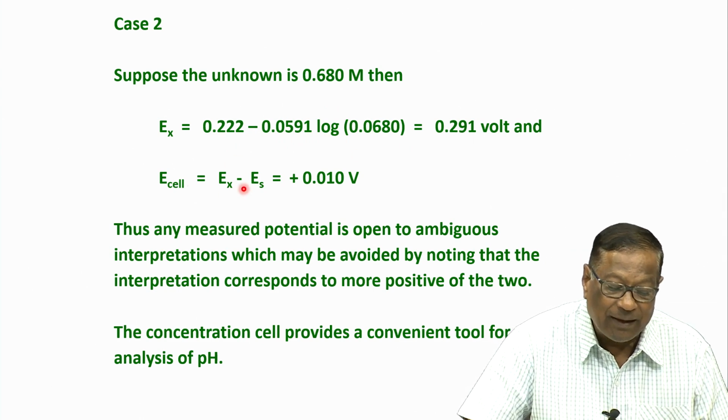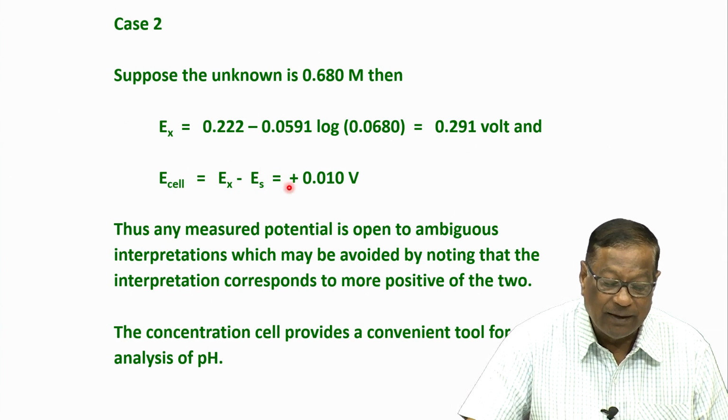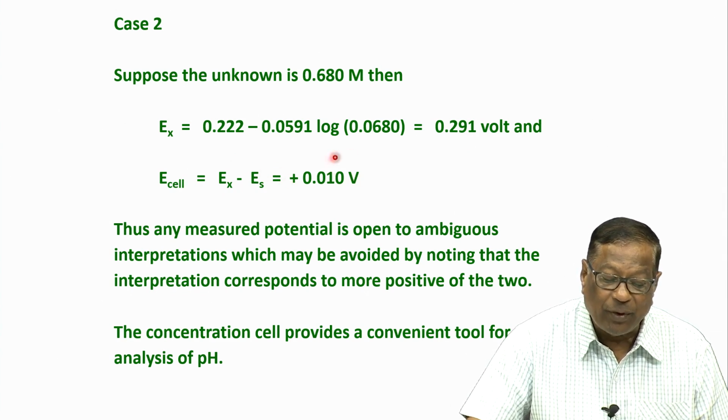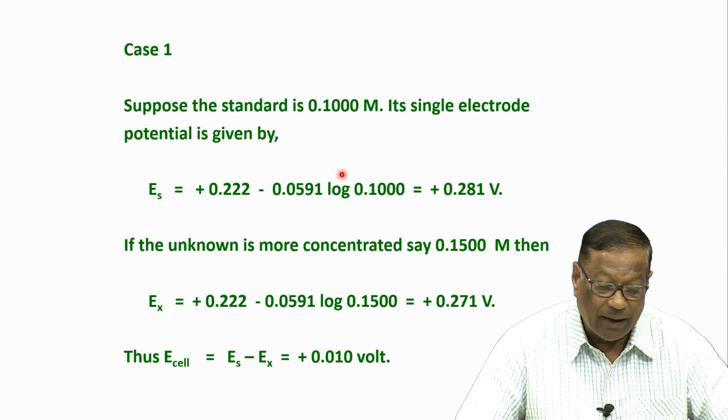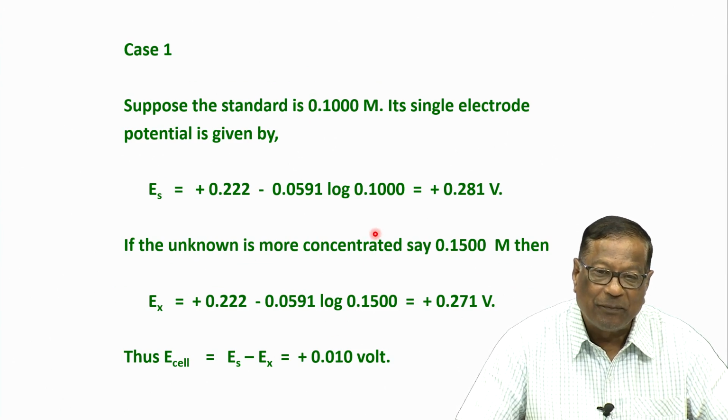and E cell is nothing but the difference between the two, just like in the last slide, and I am getting 0.010 volts, and how much I am getting in the previous slide? It is 0.010 volt.